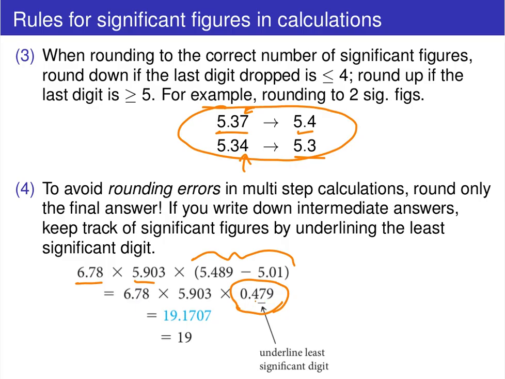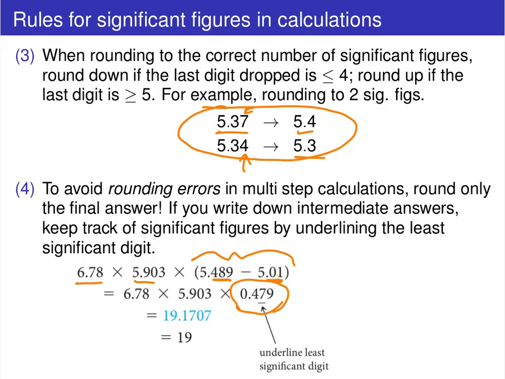0.479. Now, you don't want to round at this stage, but what you do need to do is keep track of how many of these numbers are significant, so you can use that to guide the process of getting the correct number of significant figures at the end. Here we know we have 3 decimal places and 2 decimal places, and we're doing subtraction, so we're focusing on those decimal places, remember.